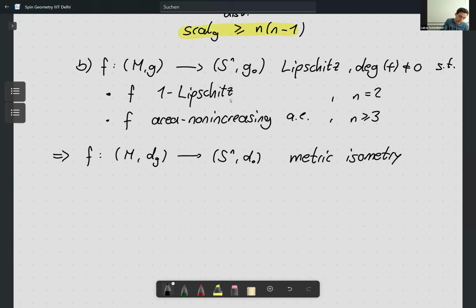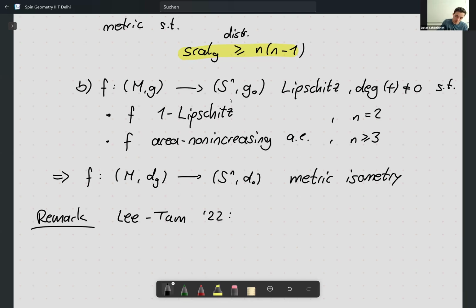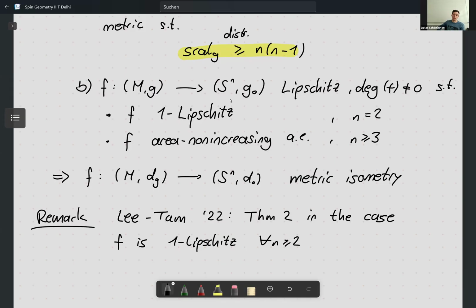And one remark I wanted to make is that actually Lee and Tam, also in the year 2022, showed the theorem for all dimensions, but in the case where F is 1-Lipschitz for n is 2. So they used Ricci flow methods, but they couldn't get a handle on the area non-increasing part. So this was still open.